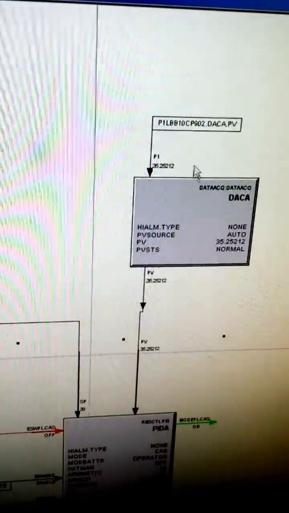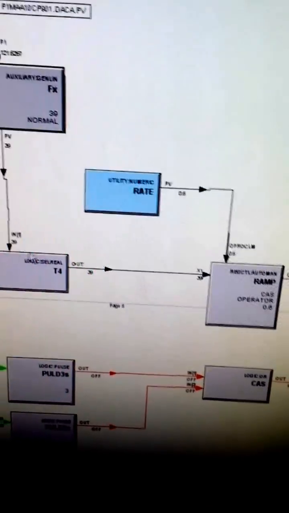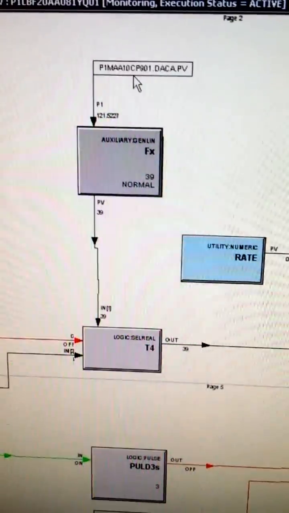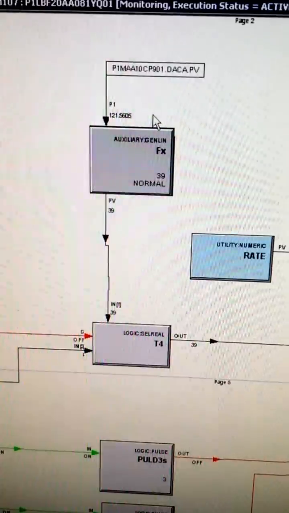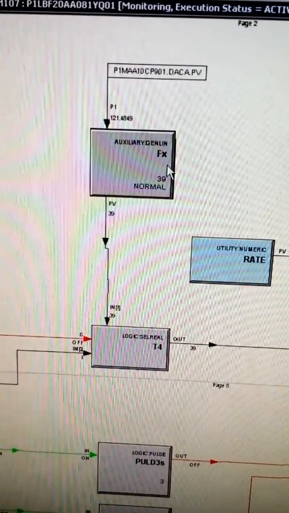Now the set point is here, coming from the actual pressure transmitter. This is the actual pressure transmitter, that one. And after that, it will pass through function f(x).